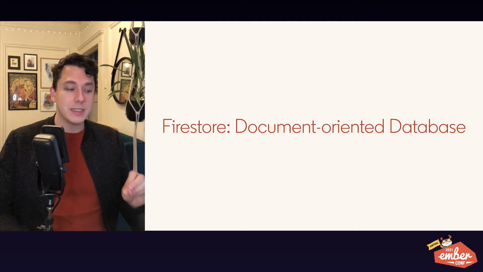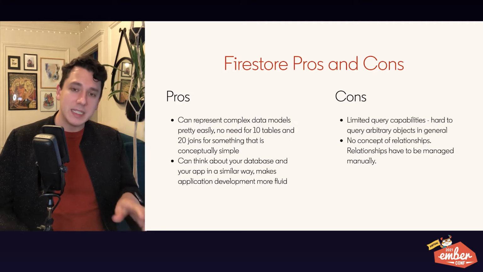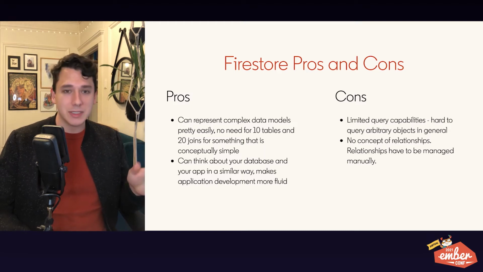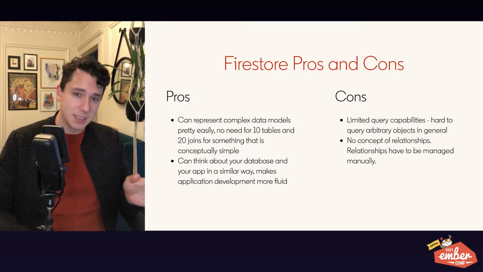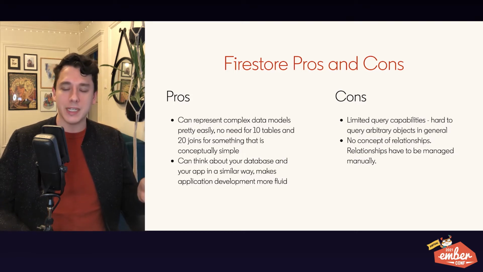So you can write any record into your database as any arbitrary JSON value. And this has a number of advantages. It means you can represent really complex models very easily. There's no need to have 10 tables and 20 joins to represent something that's conceptually simple, like an object that has an array with a couple of nested objects in it.